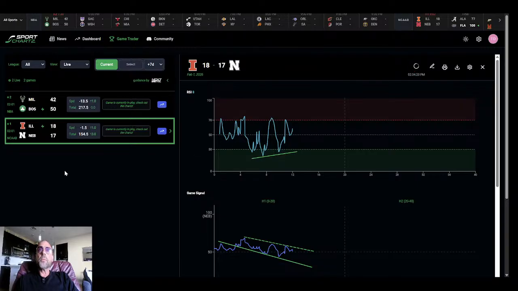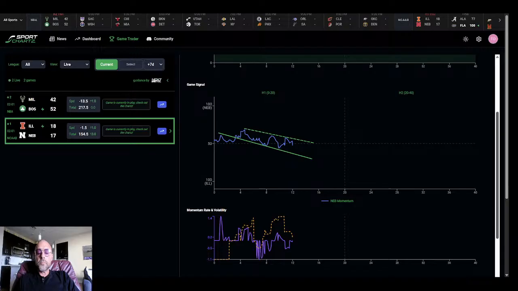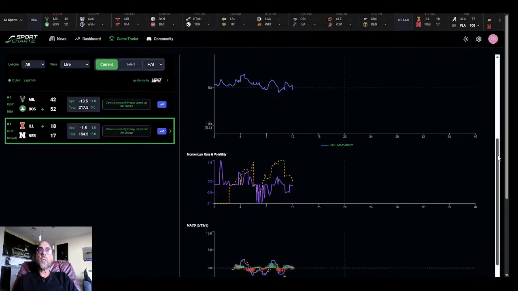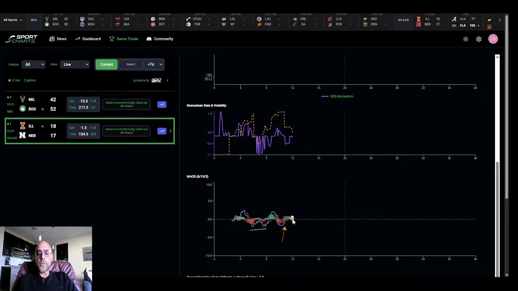All right, let's do a little update here. 1817. Hmm. Looks heavy. Like Illinois is going to run a little bit here. MACD crossed back down.